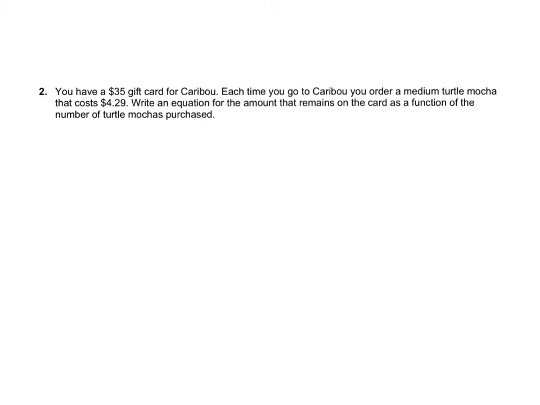All right, number 2, you have a $35 gift card for Caribou. Each time you go to Caribou, you order a medium turtle mocha that costs $4.29. Write an equation for the amount that remains on the card as a function of the number of turtle mochas purchased. All right, so we're starting out with our $35, so that's our y-intercept. So if you saw that on a graph, you'd be starting with that $35 right up here. And then every time you buy a mocha, you're going to be subtracting out that $4.29.